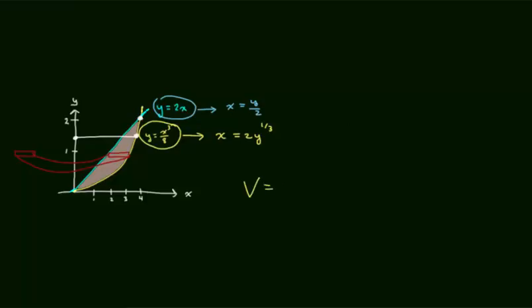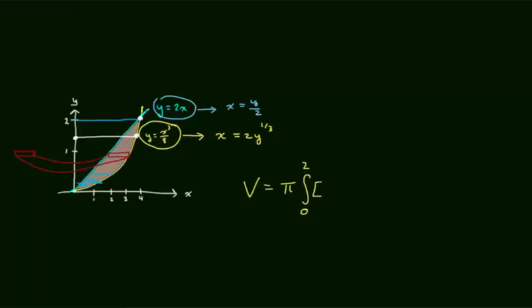So the volume is going to be pi times the integral from 0. Careful here, this is interesting. We're adding up rectangles, washers, starting here. The next one's here, the next one's here. So in this case, we're going to go from y equals 0 to y equals 2 because we're going in the y direction.